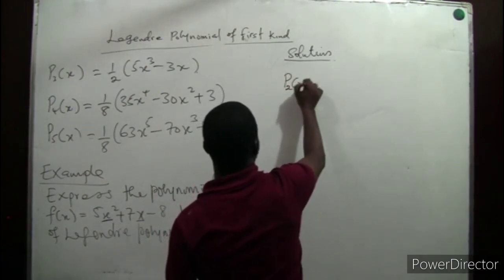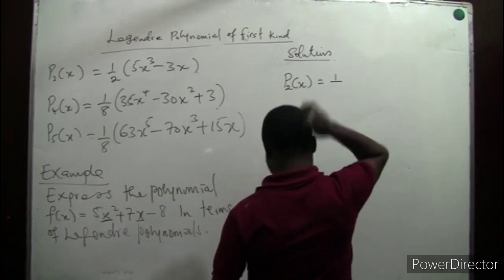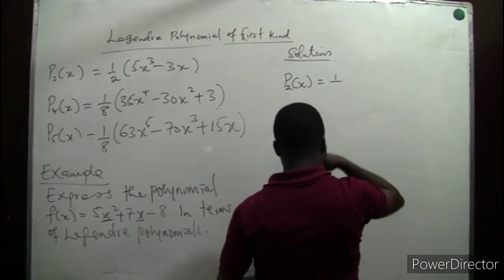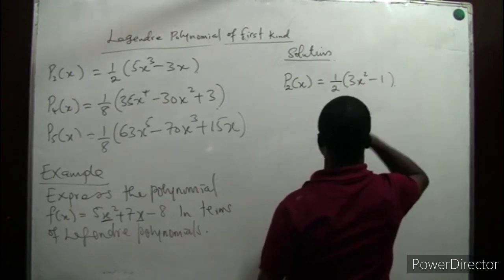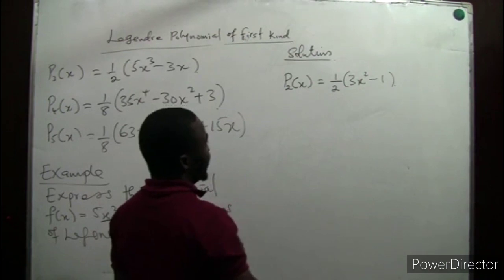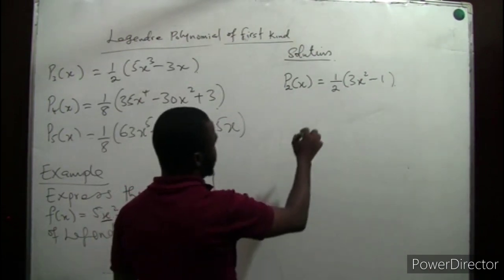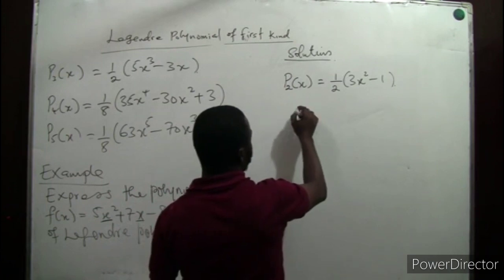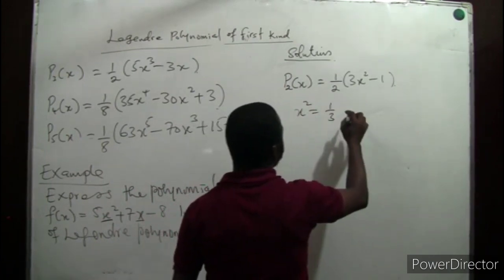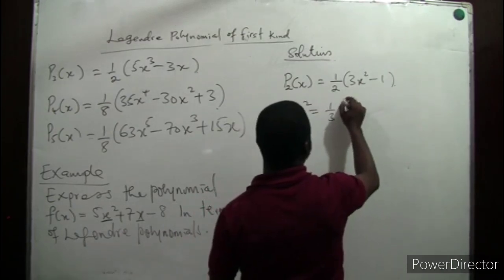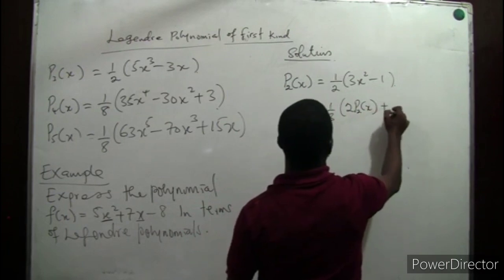We have our P2 of x to be 1 over 2, 3x squared minus 1. Make x squared the subject of the formula at this point. We are going to have x squared is 1/3 of 2P2 of x plus 1.